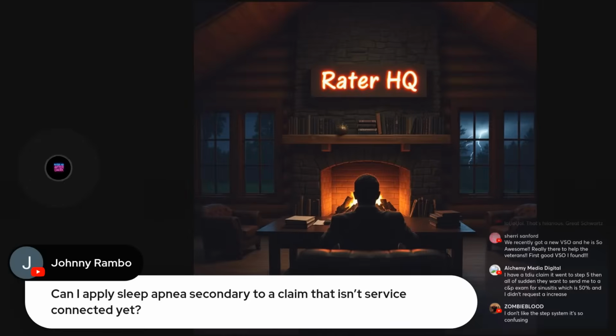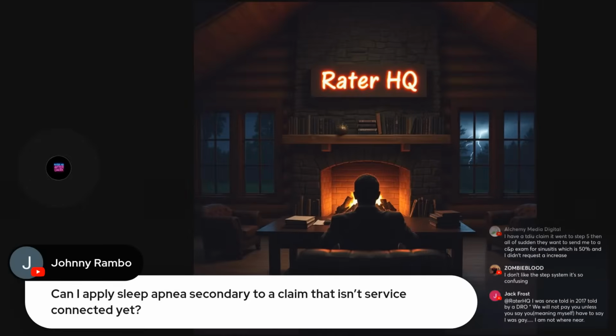Johnny Rambo, yes, you can, but it has dangers. One of the dangers of doing this is that let's say your exams get done out of order. Let's say you're trying to get sinusitis service connected so your sleep apnea can be secondary to your sinusitis. I don't know why people like to use this one, because to me it's rarely ever granted.